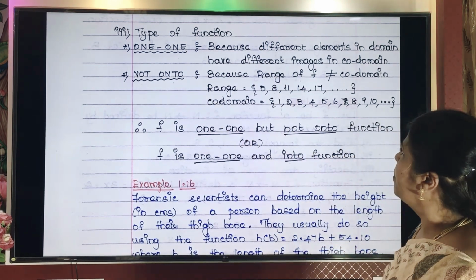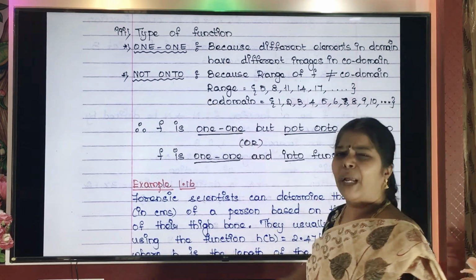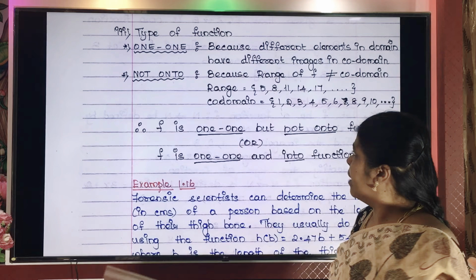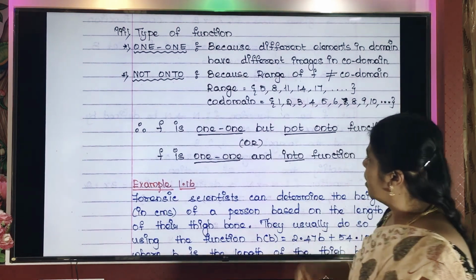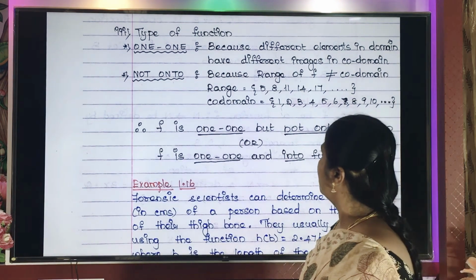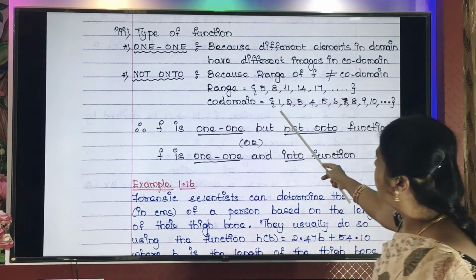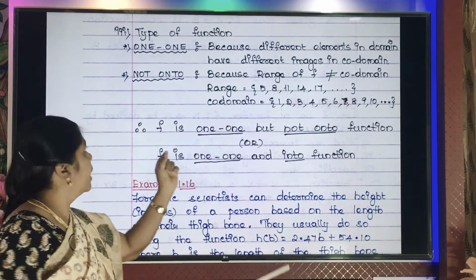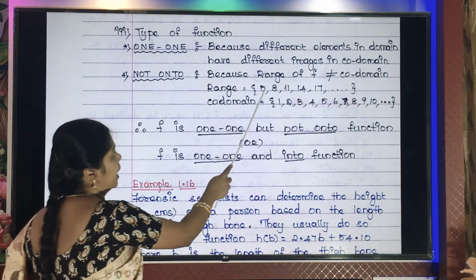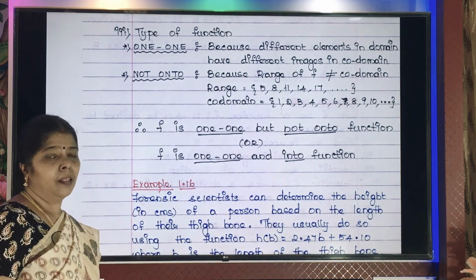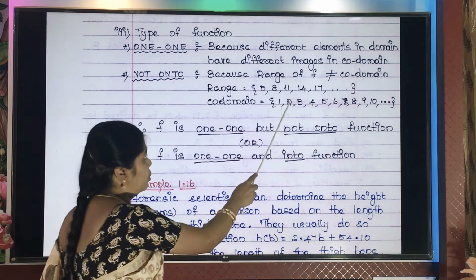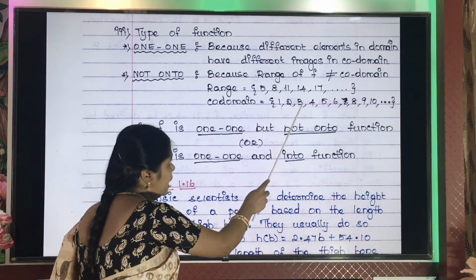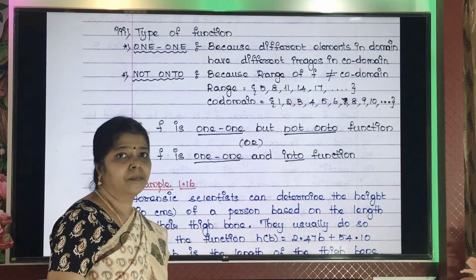Alright. Okay. This cannot be onto, children. You know why? Because when we saw in the previous page, when I substituted 1 in f of x, what answer I got? I got 5. When I substituted 2, I got 8. When I substituted 3, I got 11.